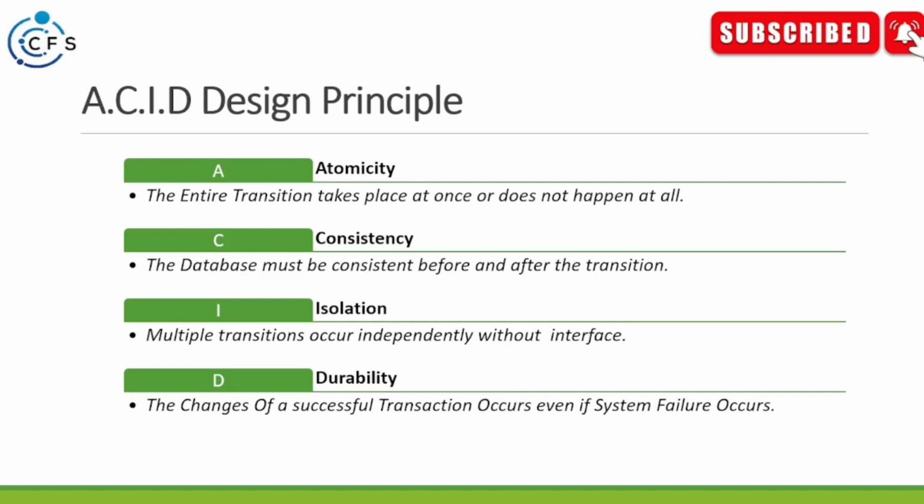And durability is basically that the changes of a successful transaction persist even if a system failure occurs. We will ignore the last statement about system failure, because that may confuse us. The whole thing is about after the transaction happens.